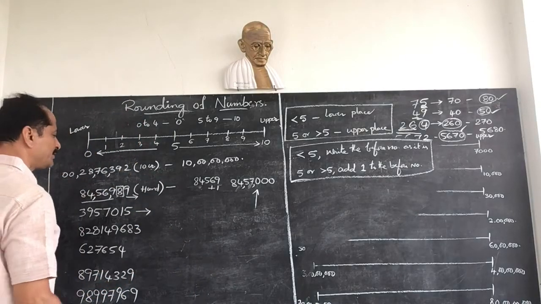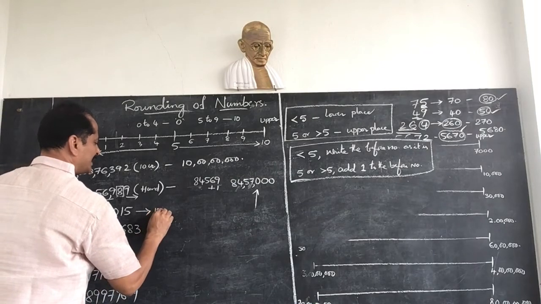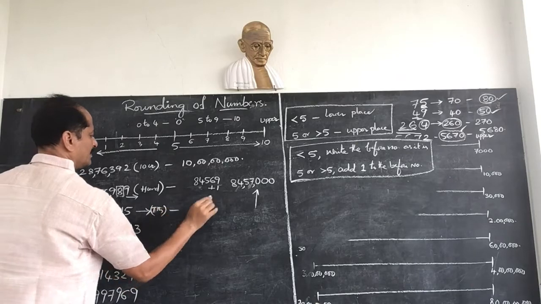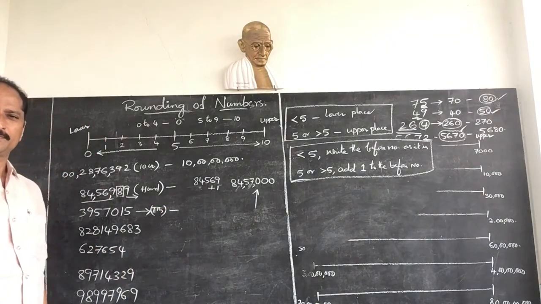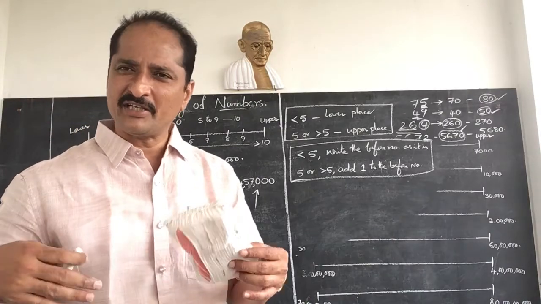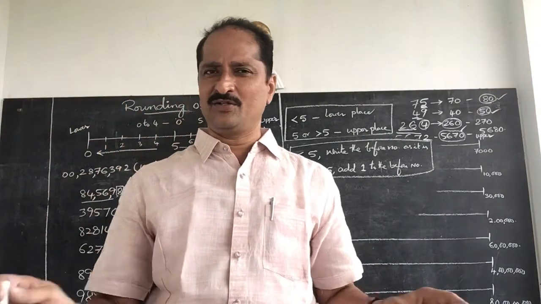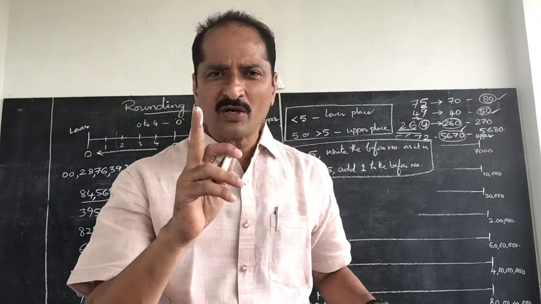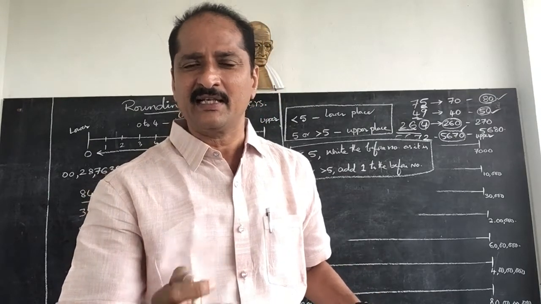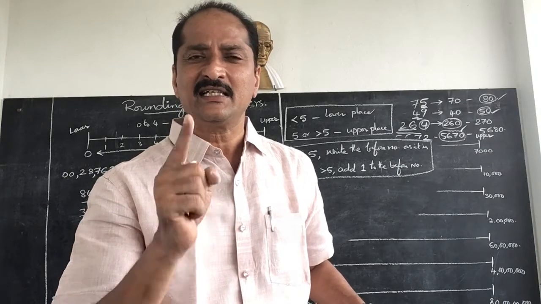Round off this number to 10,000's place. Now how many 10,000's are there? This number is in between which two 10,000's? So whenever we should round off to the nearest 10,000's place, we should see next lower than 10,000's place. Next lower than 10,000's place is 1,000's place.